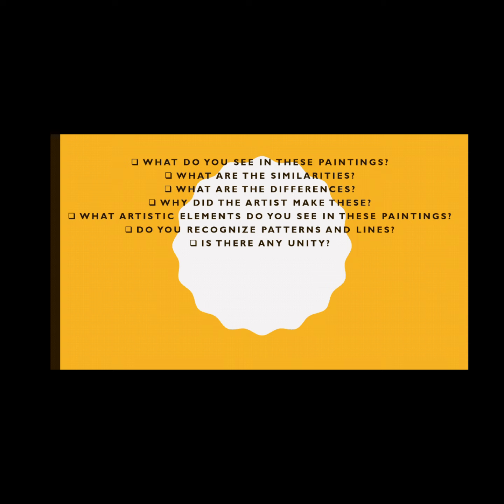What are the similarities? What are the differences? Why did the artist make these? What artistic element do you see in these paintings? Do you recognize pattern and lines? Is there any unity? These are questions that I would normally ask when we're discussing in class, right?